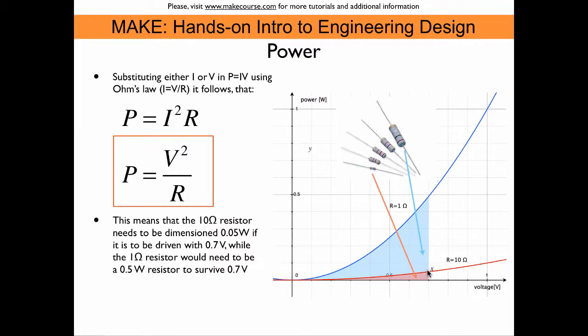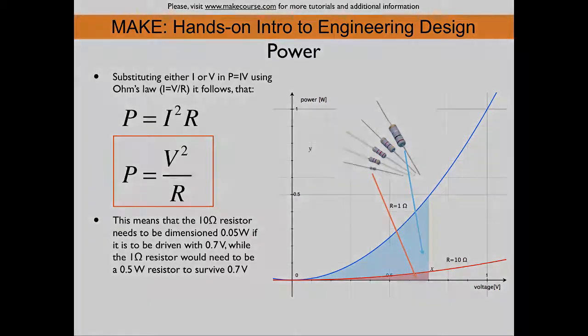Right, so for the 10 ohm resistor we could have a 0.05 watt resistor, so a really small one, while for the 1 ohm resistor we would have to have a 0.5 watt resistor. In practical terms, this means the 10 ohm resistor could be a really small one, while the 1 ohm resistor would need to be a much bigger one to survive the heat dissipation.